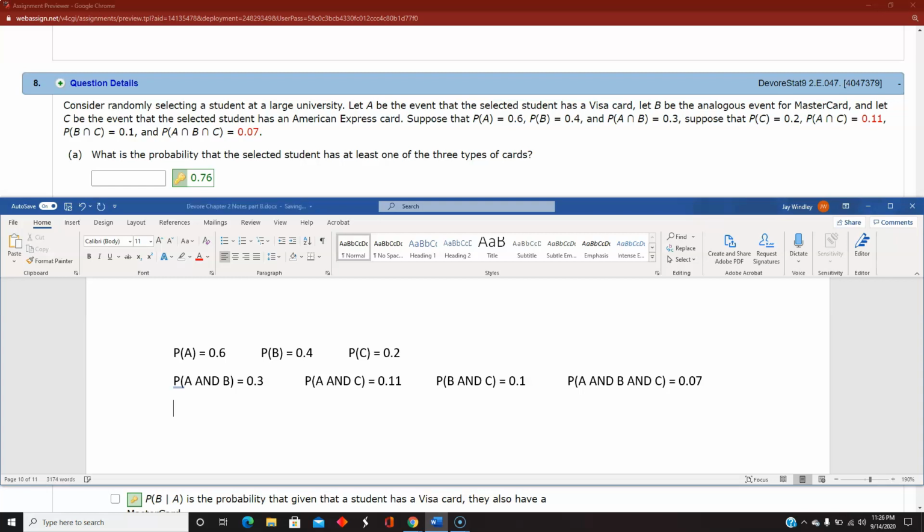And then the first question is, what is the probability that the selected student has at least one of the three types of cards? So that would be the probability of A or B or C.